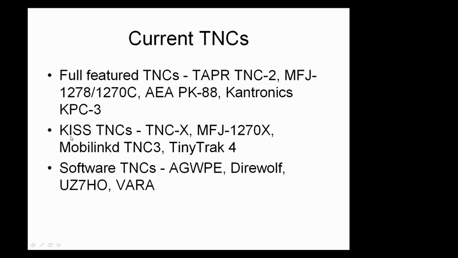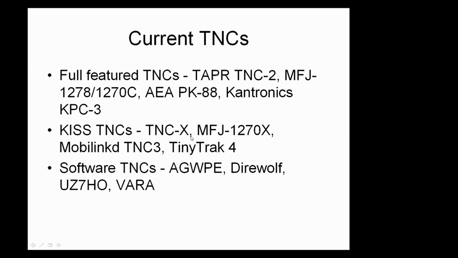And with the KISS hardware TNCs, you have the TNCX. And also in that category, you also have the TNC Pi. The TNC Pi is really nothing more than a hat for a Raspberry Pi, whereas the TNCX relies on a USB connection to a host computer.